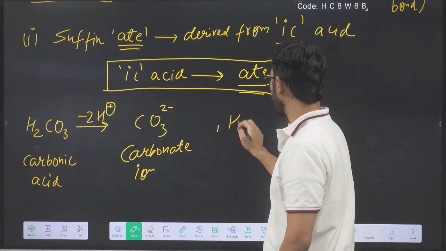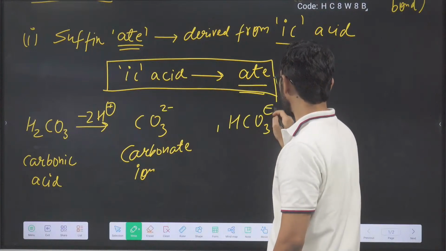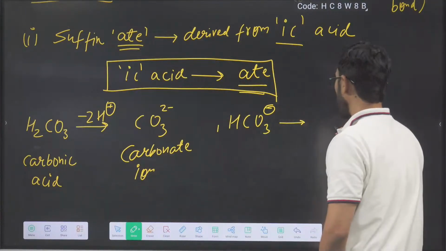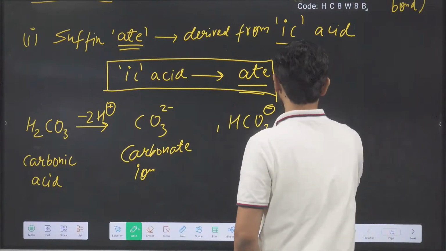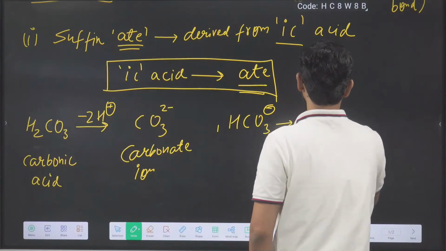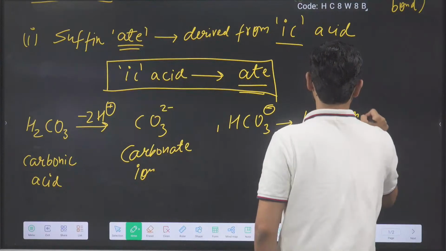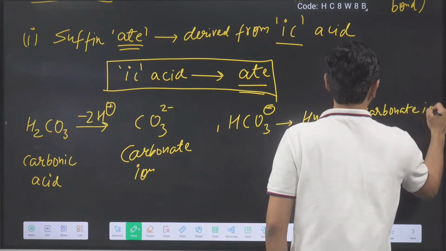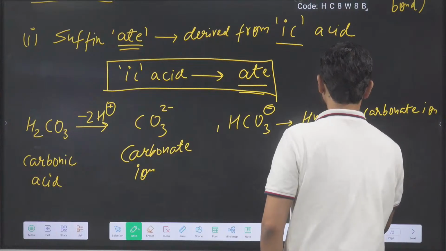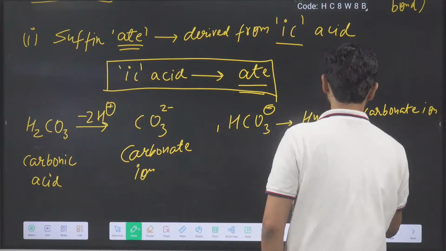If it is written like this, HCO3 minus, it is named hydrogen carbonate, because still it can lose one H plus, or the other name can be bicarbonate.